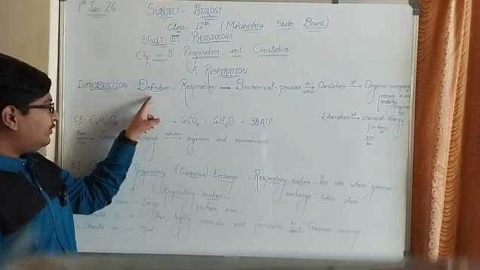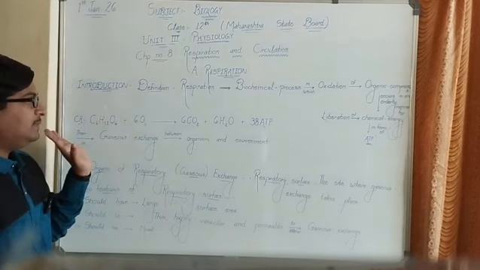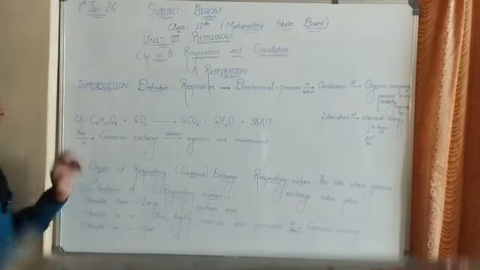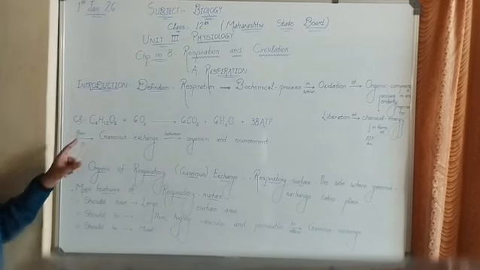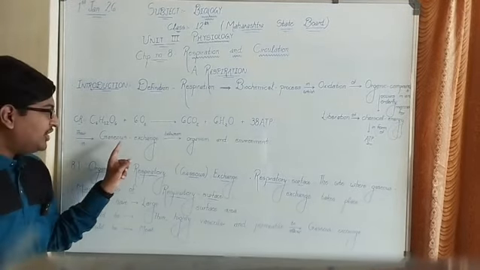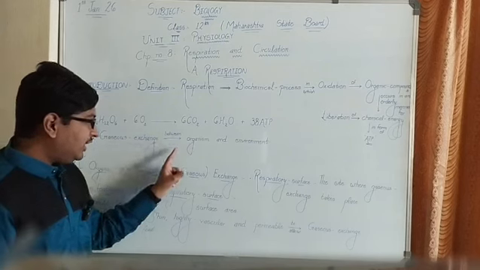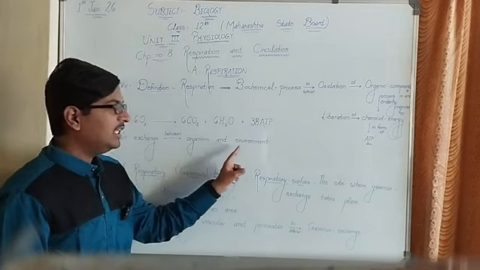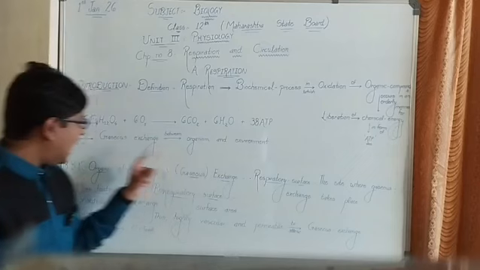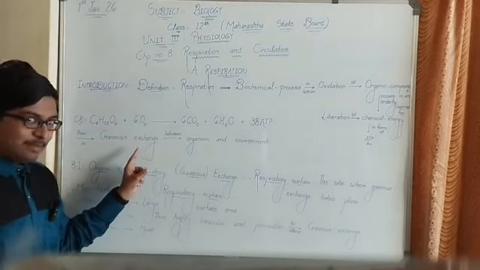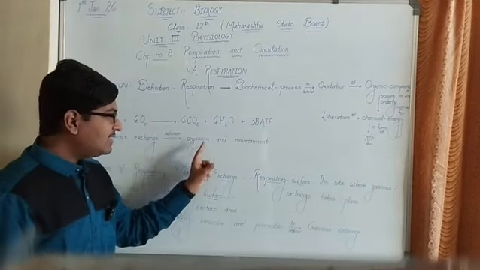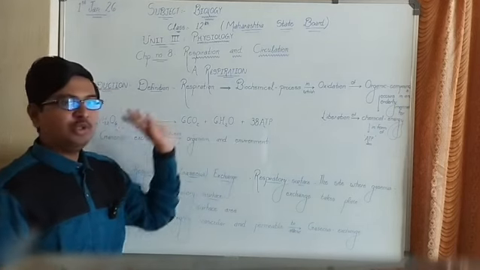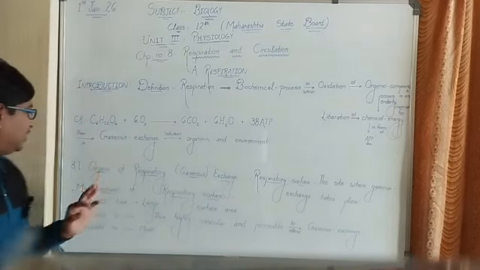This is basically the definition of the process of respiration. Now, in respiration, there is gaseous exchange between organism and the environment. That is, gaseous exchange takes place between organism and environment during the process of respiration.